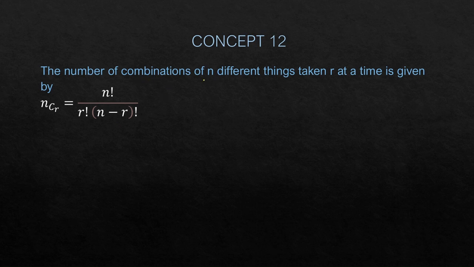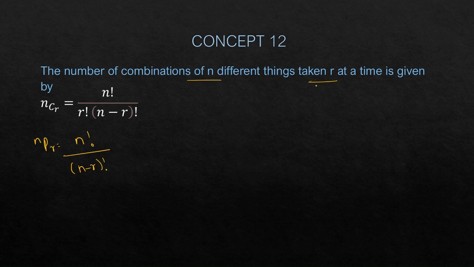The number of combinations of n different things taken r at a time is given by nCr, which is equal to n factorial divided by r factorial into n minus r factorial. Now if we recall the formula for permutations, it was n factorial divided by n minus r factorial.